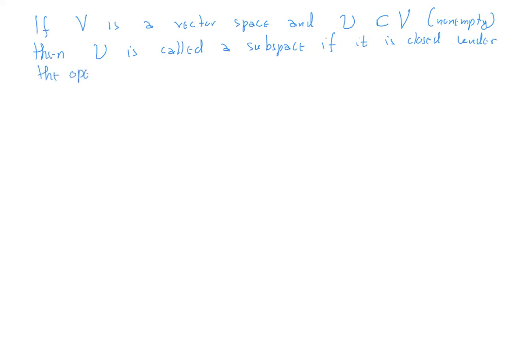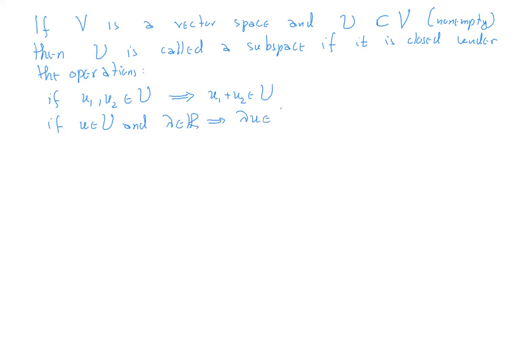What does that mean? It means if u1 and u2 belong to U, then their sum belongs to U. If u belongs to U and lambda is any number, then the scalar multiple lambda times u belongs to U. Then it's called a subspace.